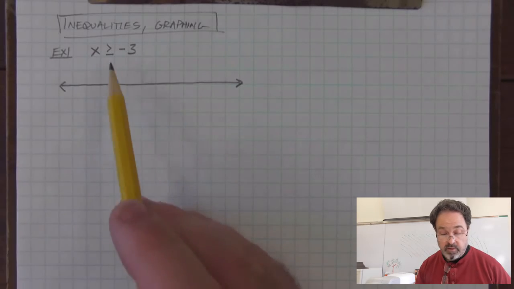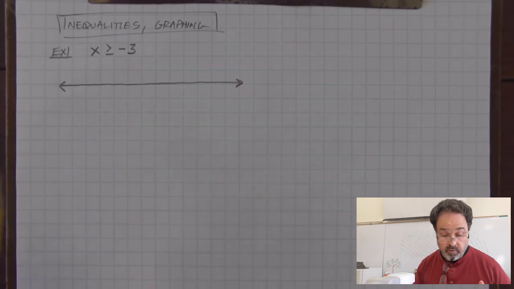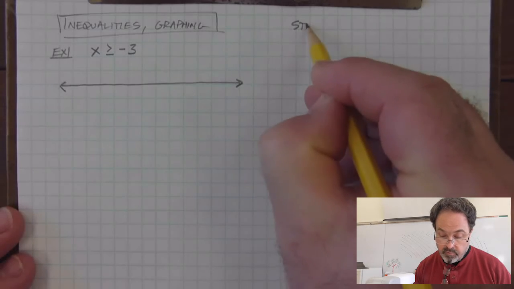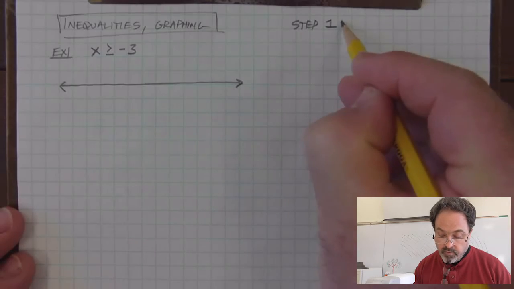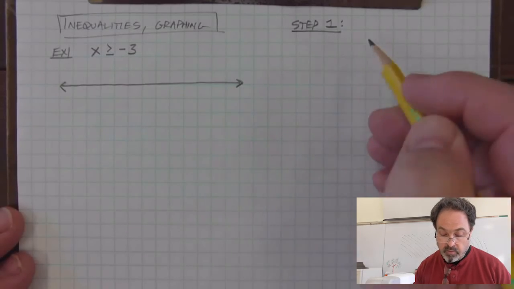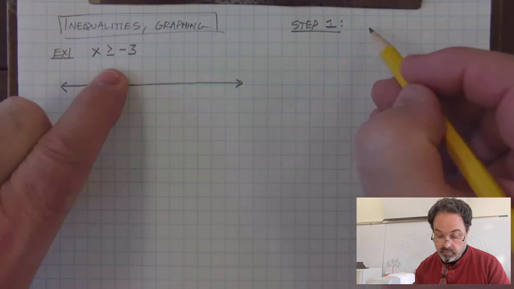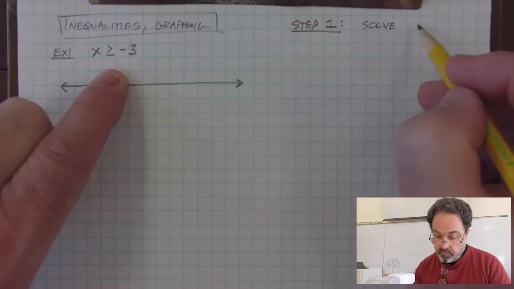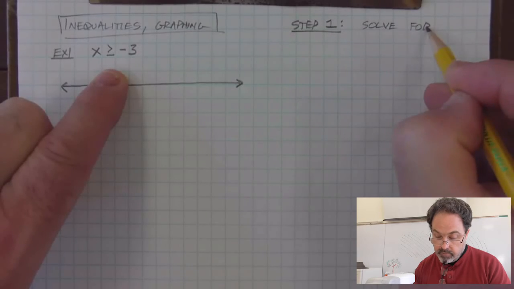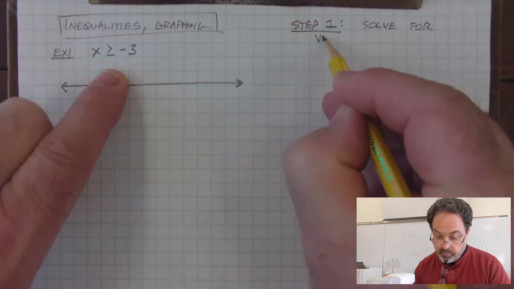If it wasn't, then we'd need to take a first step to solve for the variable in our inequality. So the process of graphing inequalities starts with a first step that we don't need to take because we've already solved. But we must remember to solve for the variable.